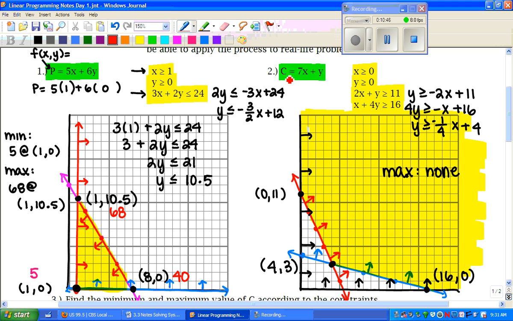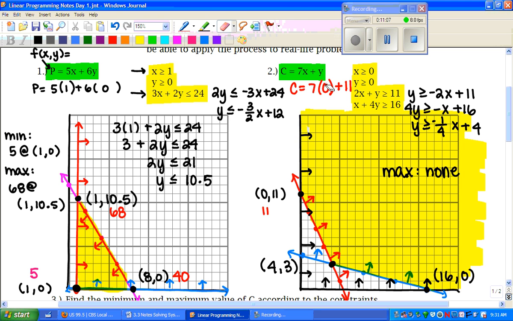If I take all of those points and I go back and plug into my objective quantity highlighted in green, I'm going to type into my calculator, let's start with 0, 11, so plug in 0 for x and 11 for y, and you'll get 11.